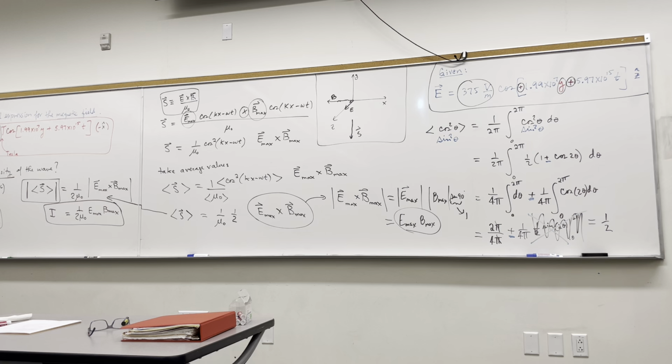But there's a vector associated with k. There's a vector, which is k, called the wave vector. The magnitude of it is the wave number. And k is a vector that points in the direction that the wave travels.